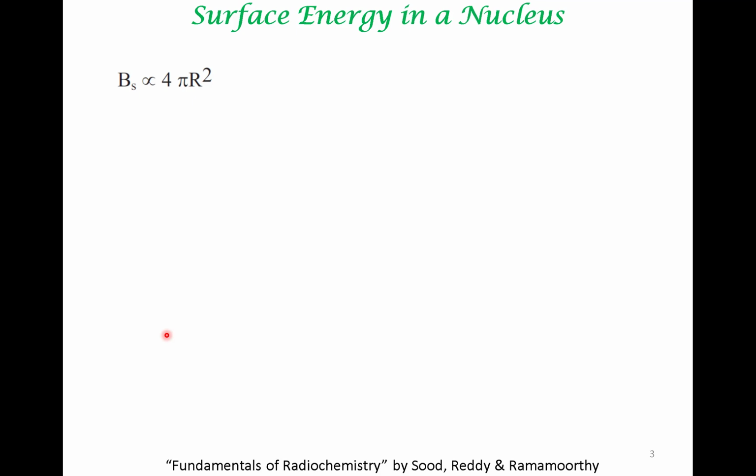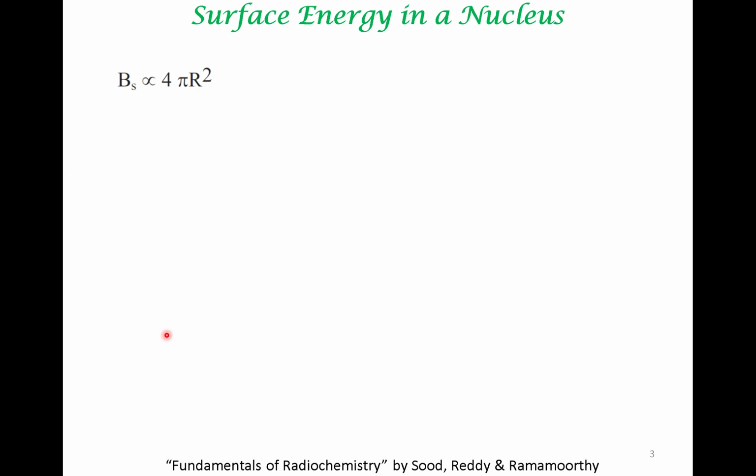If you have a gas, you don't talk about surface energy, because a gas is not a condensed matter. However, if you have a condensed matter, you have a surface energy, because we had motivated that many aspects of a nucleus are like that of a liquid drop. We can associate a surface energy with respect to the nucleus.